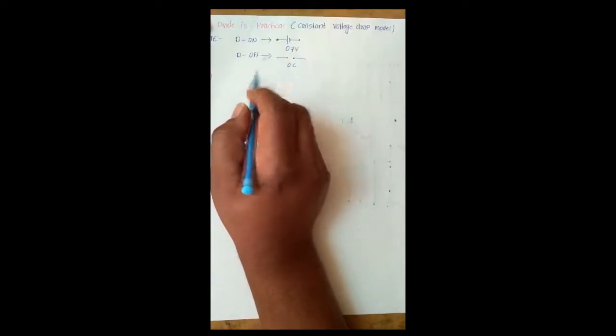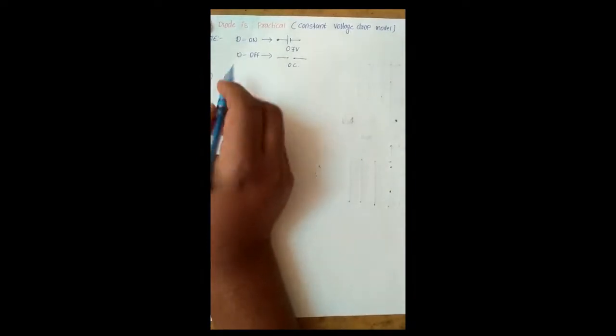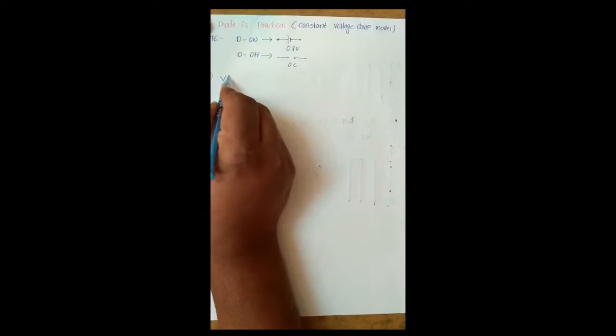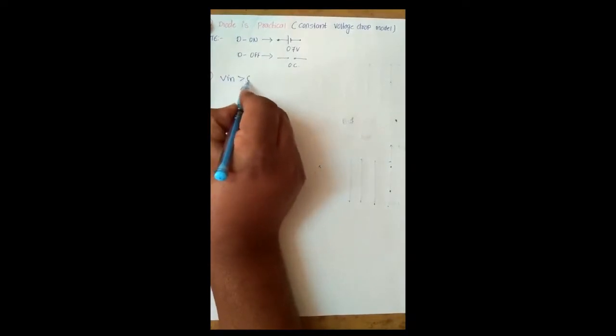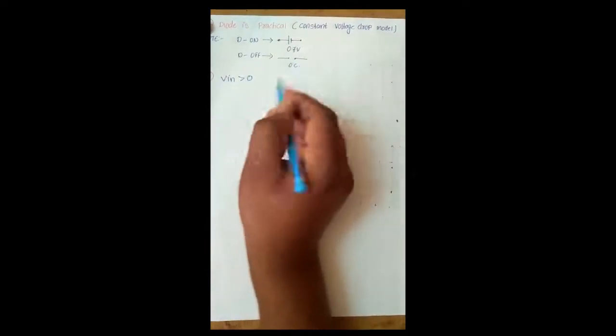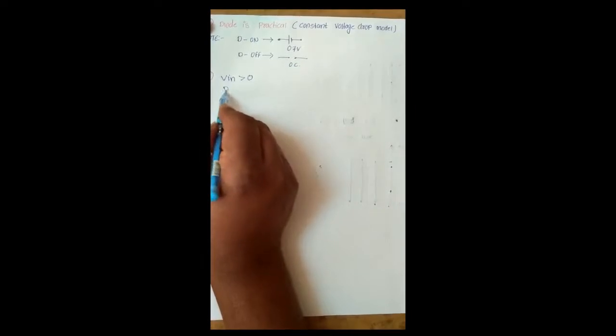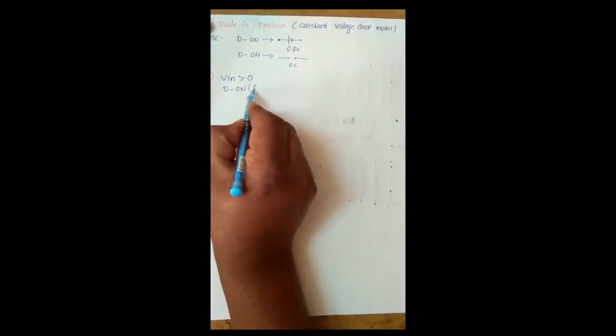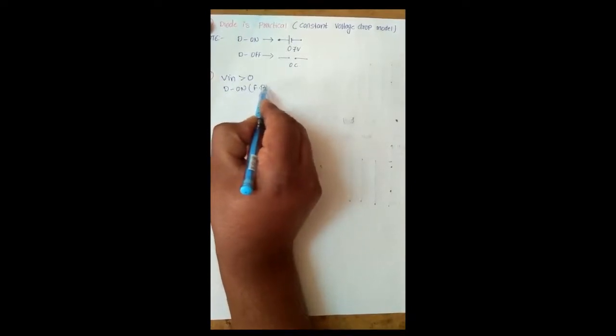With respect to this practical diode, we analyze the negative clamper circuit. The first condition is the input voltage Vin greater than 0. At that time the diode is on, operating in the forward bias condition.